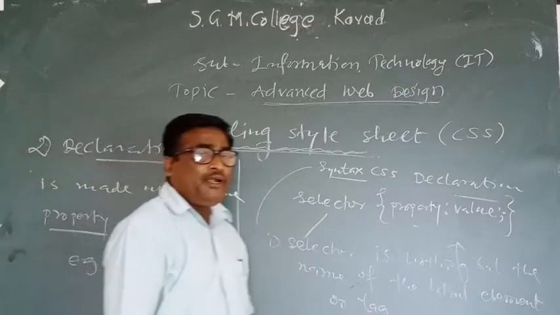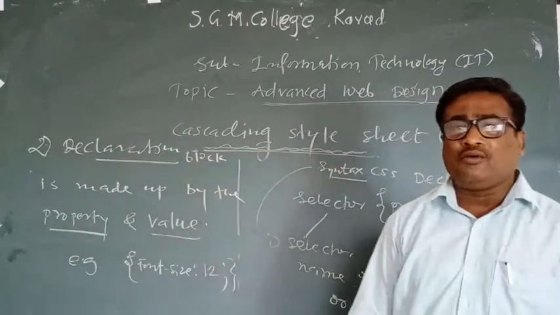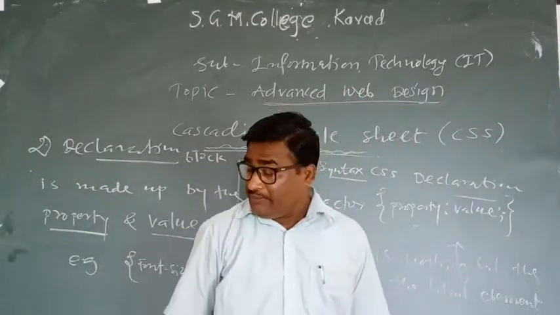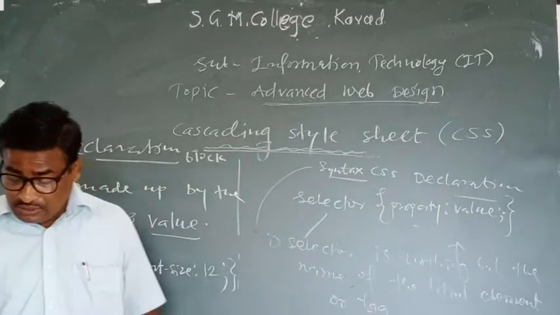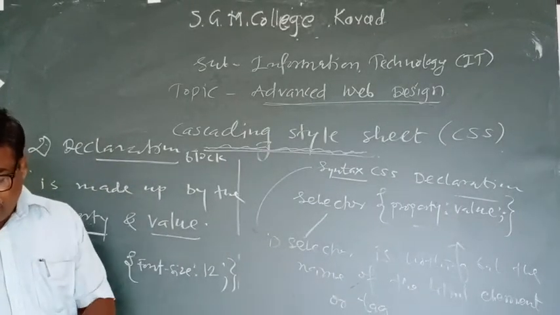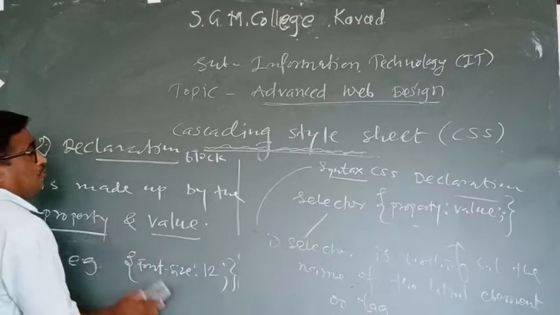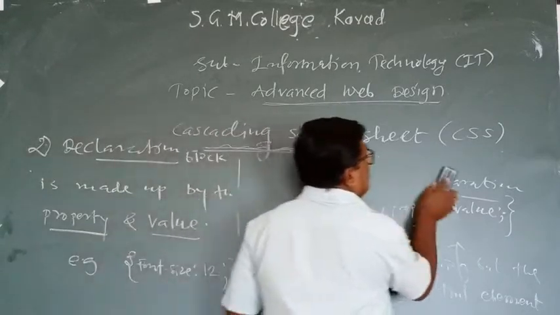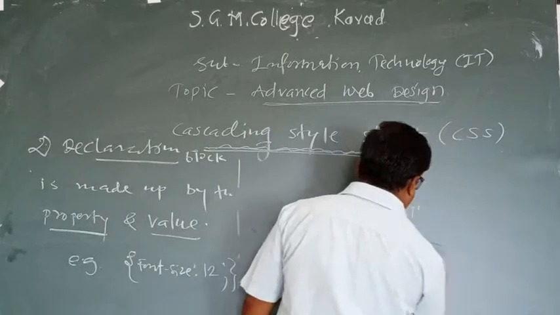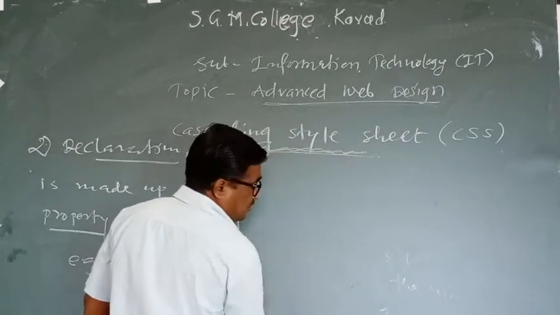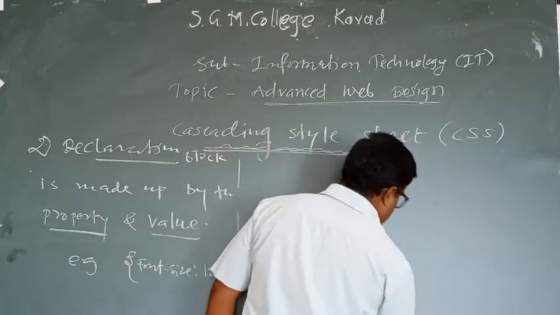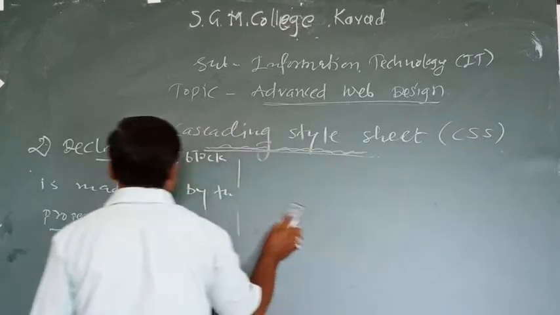Properties and values are separated by colon and end with semicolon. Then types of CSS. These are the basic syntax for CSS, which is made up of selector and declaration block.